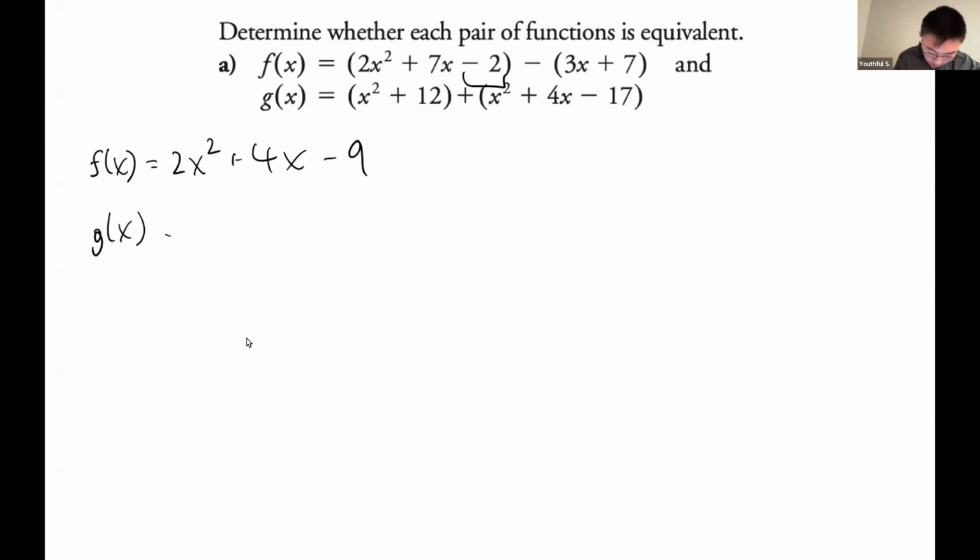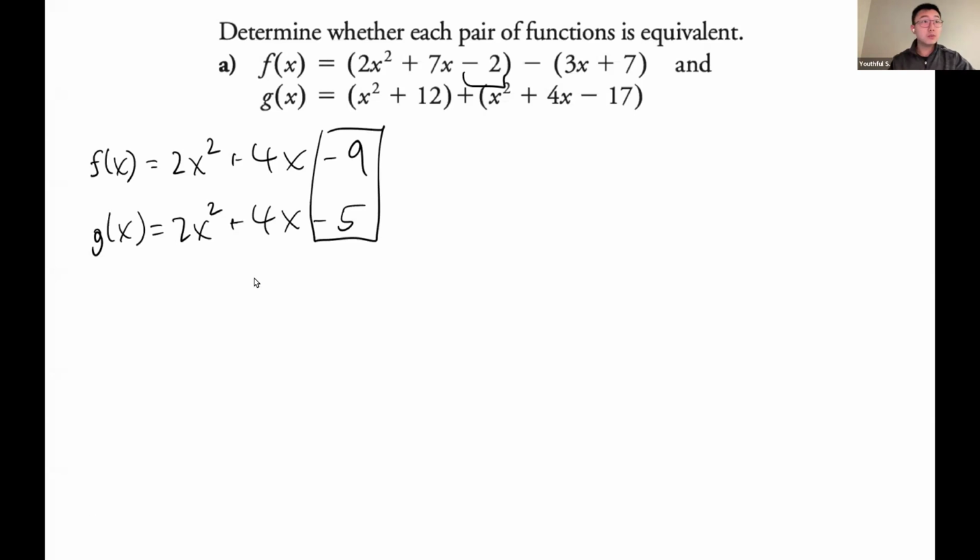We have x squared plus x squared, which is 2x squared plus 4x and then minus 5. If you compare, you can see that the constants are not lining up. So this pair of functions is not equivalent. So that's the first way.